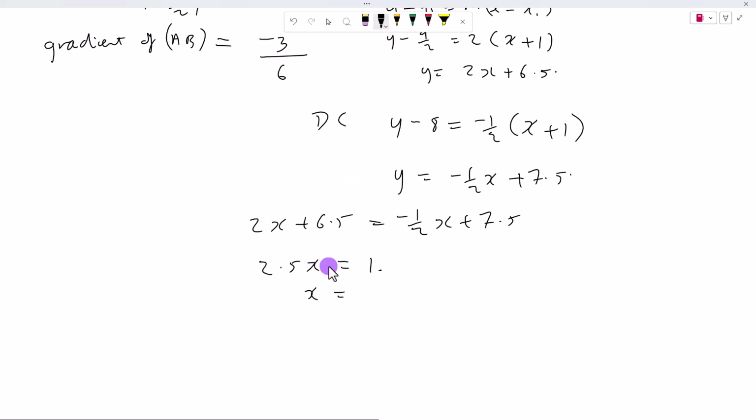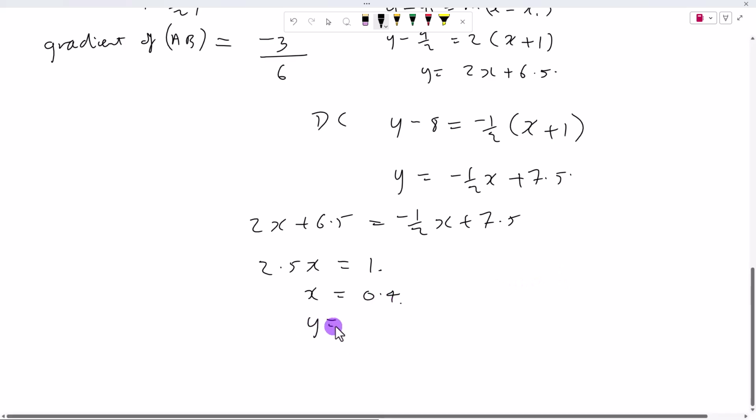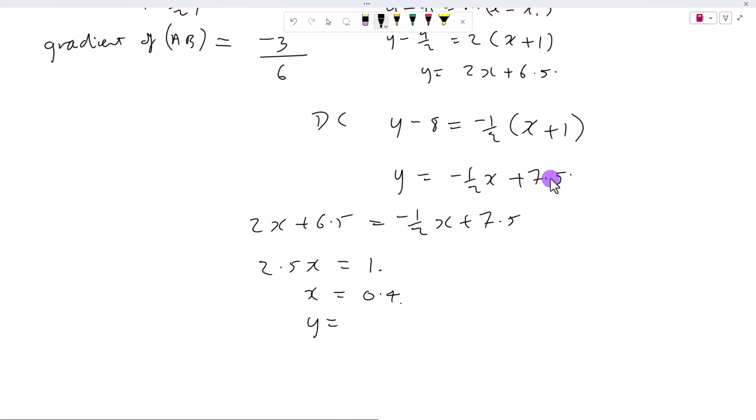So we've got 1 over 2.5, which is the same as 2/5, which is the same as 0.4, a much nicer number. So if x equals 0.4, then the y value is going to be equal to -1/2 times 0.4, which is -0.2, plus 7.5. So we're going to get 7.2. Oh, not 7.2, 7.3.